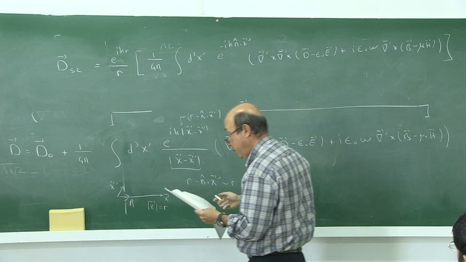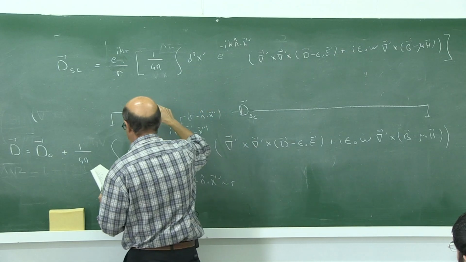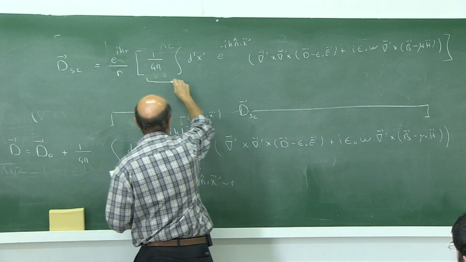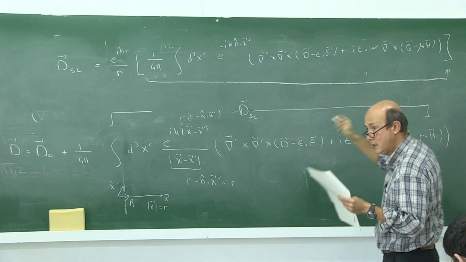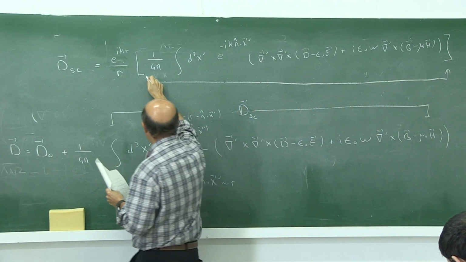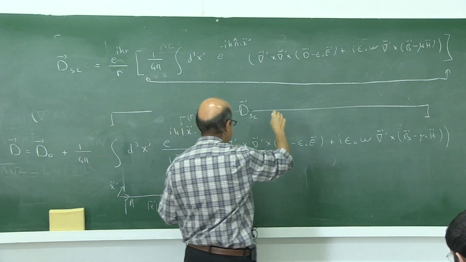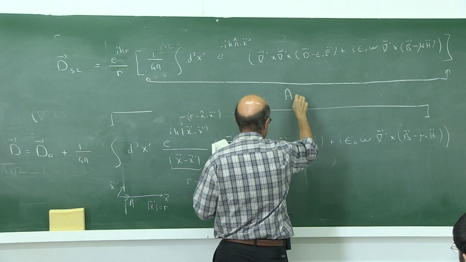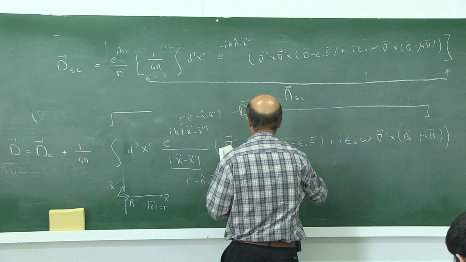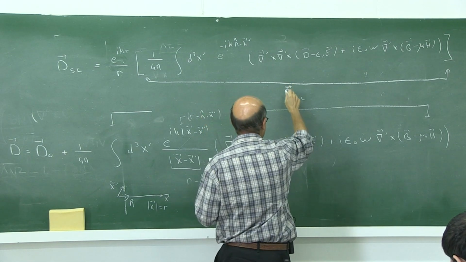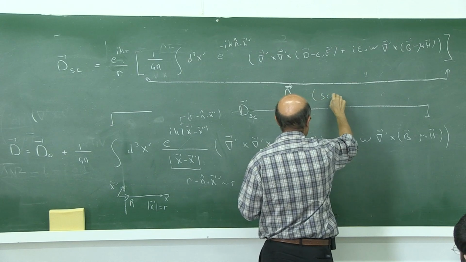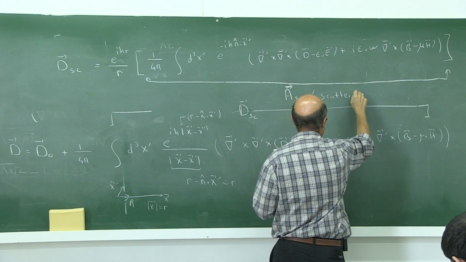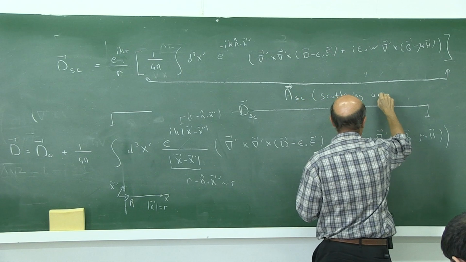That vectorial part is called a scattering amplitude. It's a vector. Denoted by A sub scattering.